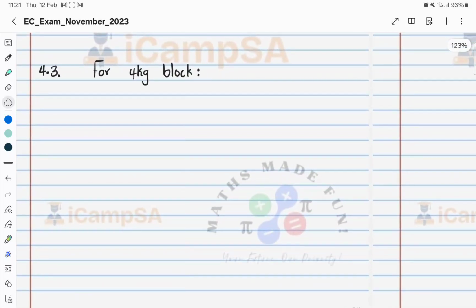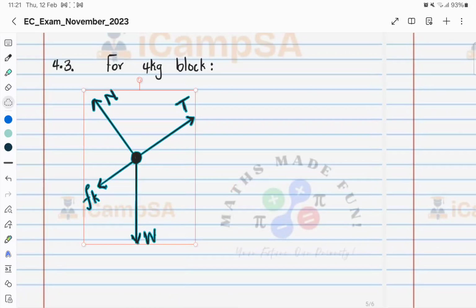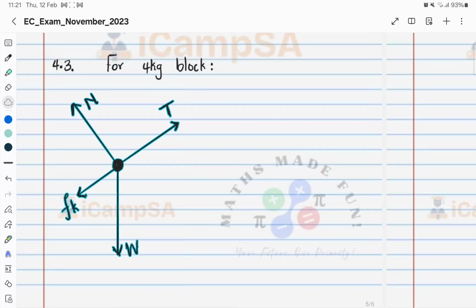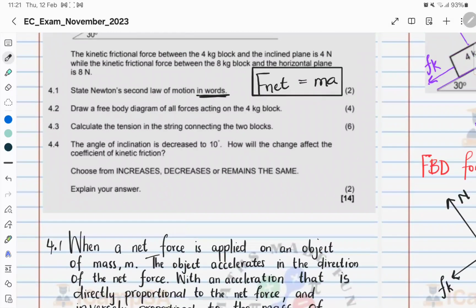For the sake of your understanding, let me put it here so that we see everything we're doing for the 4 kilogram block. If you remember, we said there was an angle here. This weight is at an angle, and I think the question said this angle is 30 degrees.